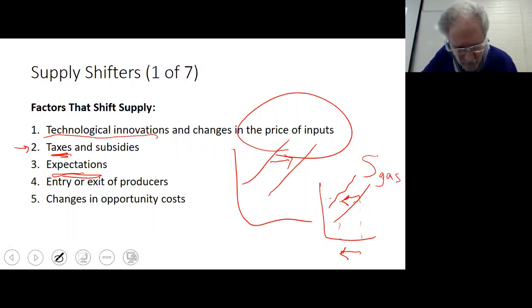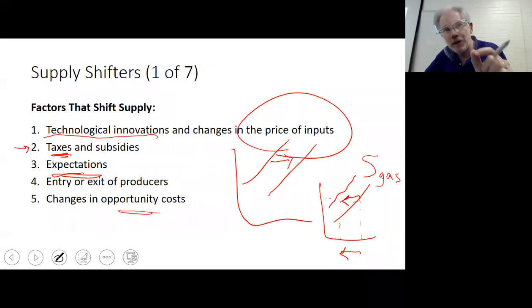And then a change in opportunity cost. This one's a little, maybe a little vague. If the opportunity cost of using the resources that are used to produce this product change, that's going to affect supply.